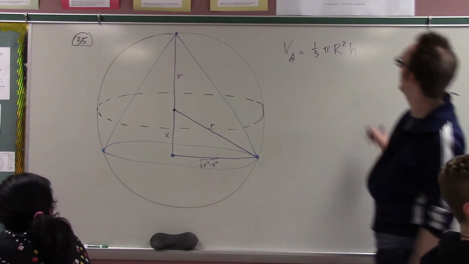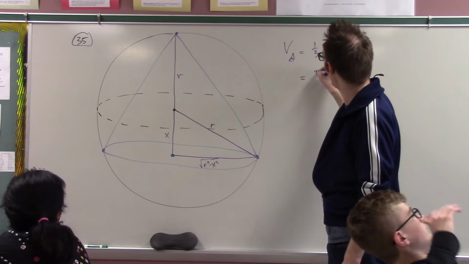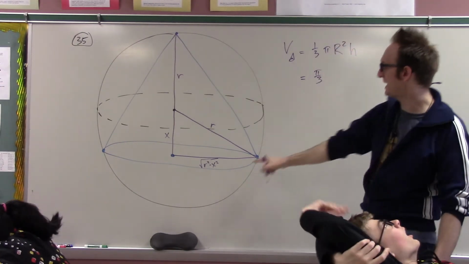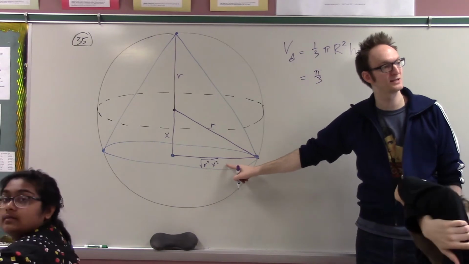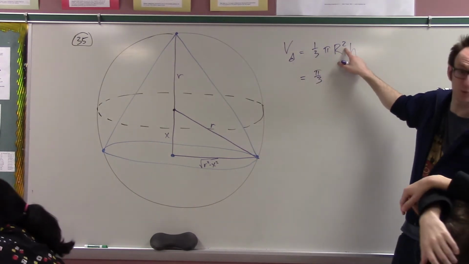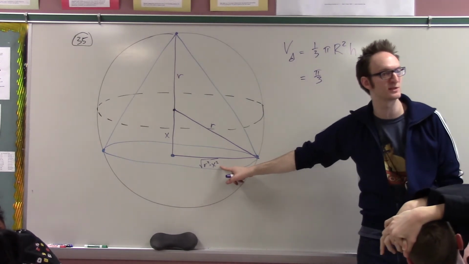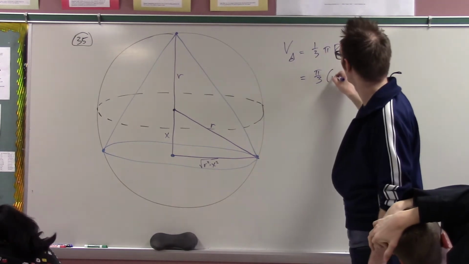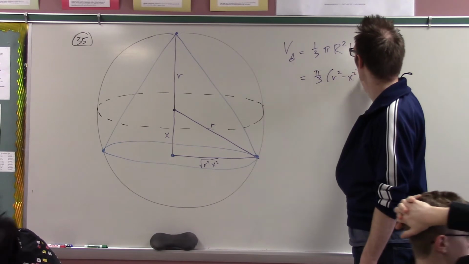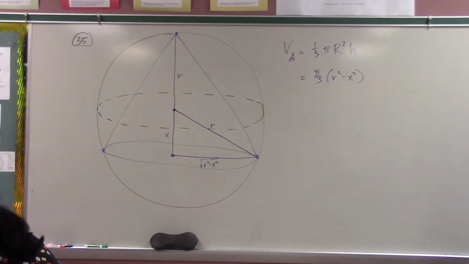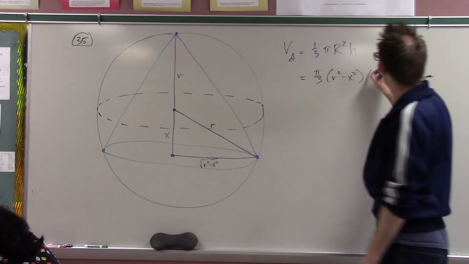So this is just pi over 3, and what's really nice about doing it this way is that as I'm squaring the radius of the cone, the radical disappears, and this is just a polynomial now, r squared minus x squared. And what is the height? It's just x plus r.